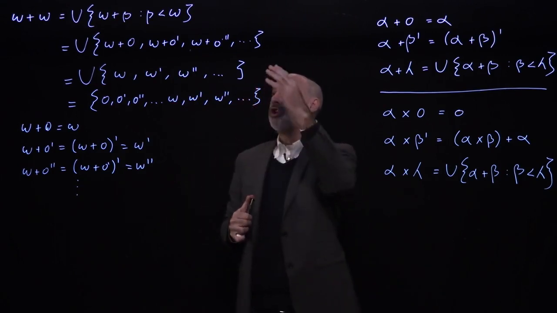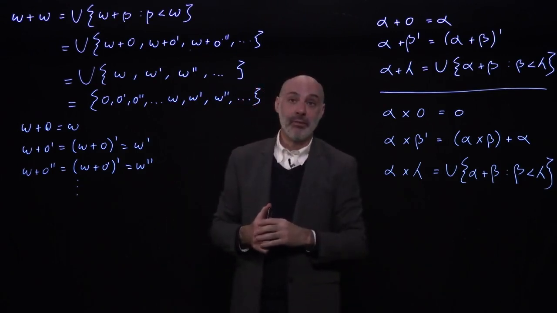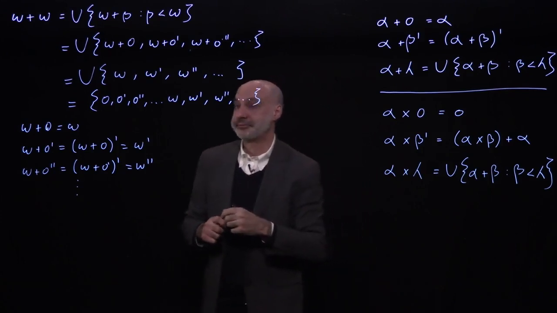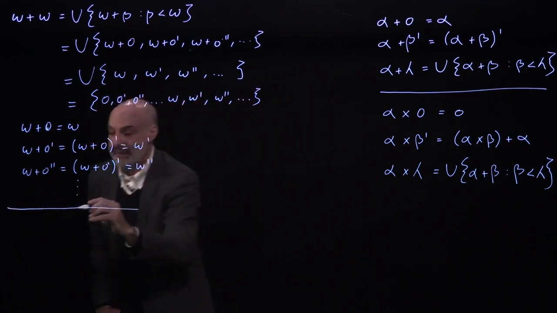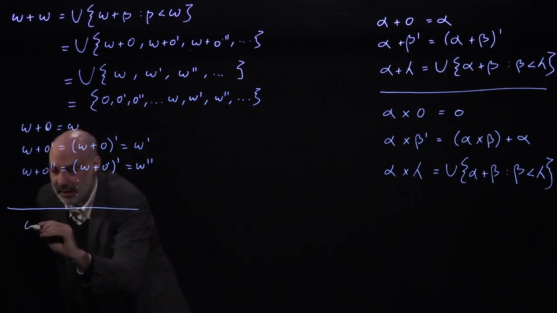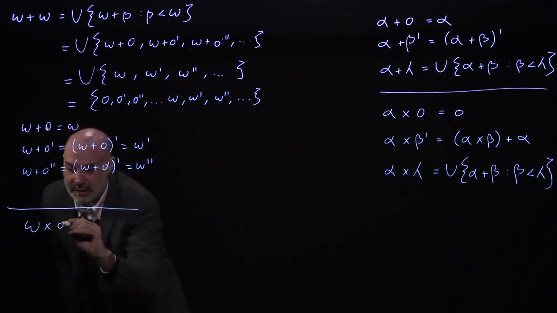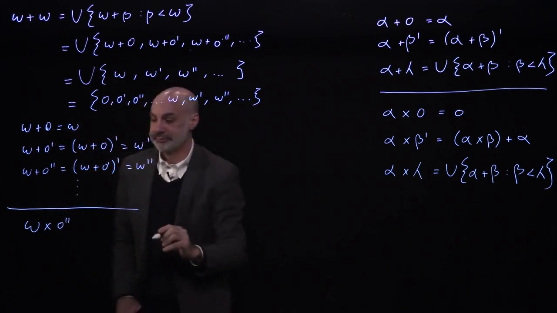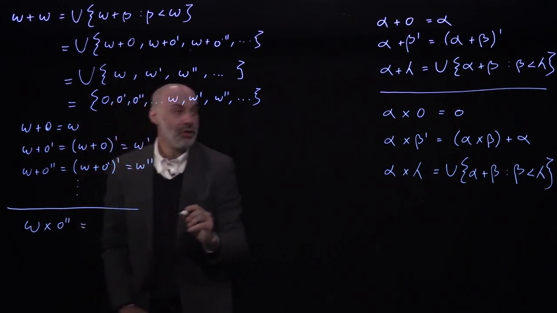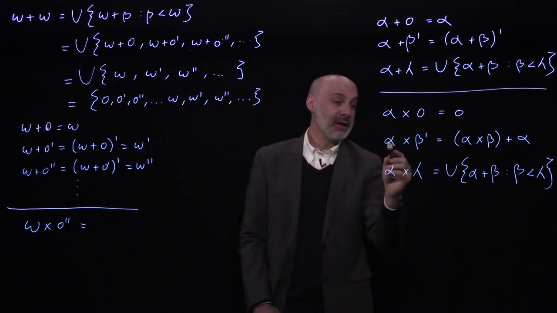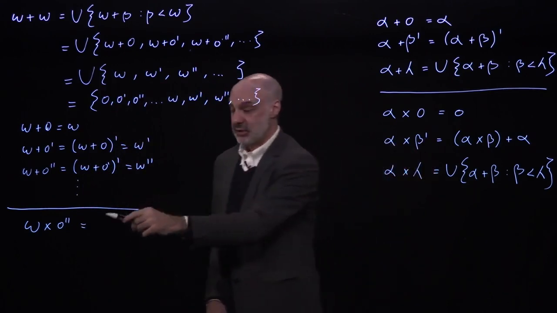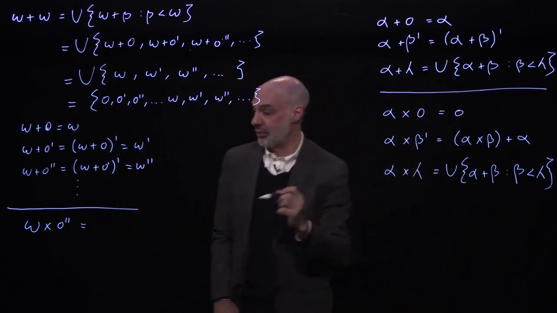So let's now use this result to perform a multiplication. Let's multiply omega times 2. We need to use our second clause for multiplication because 2 is a successor ordinal.